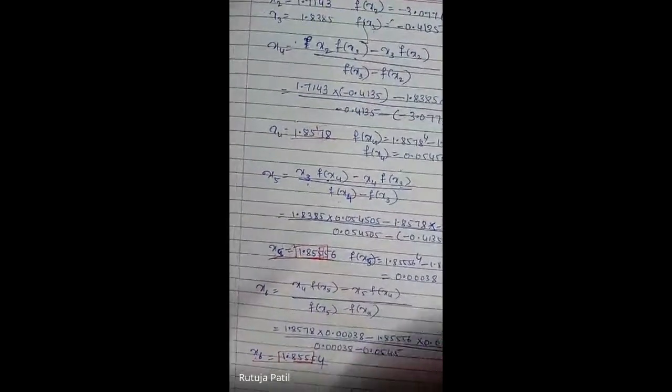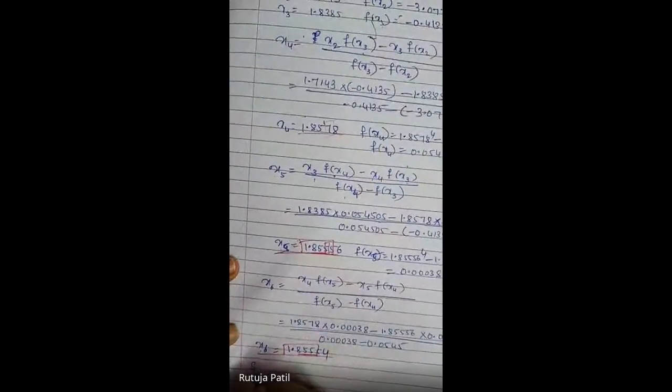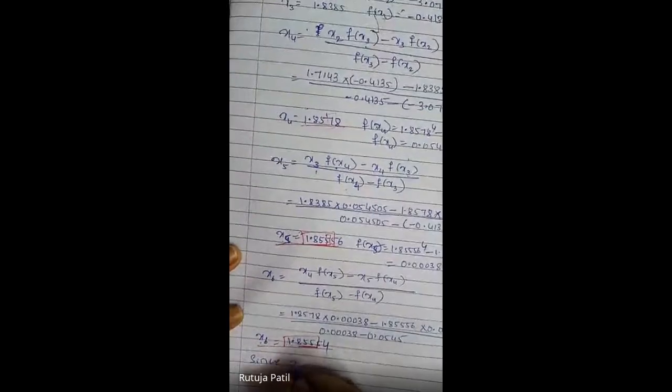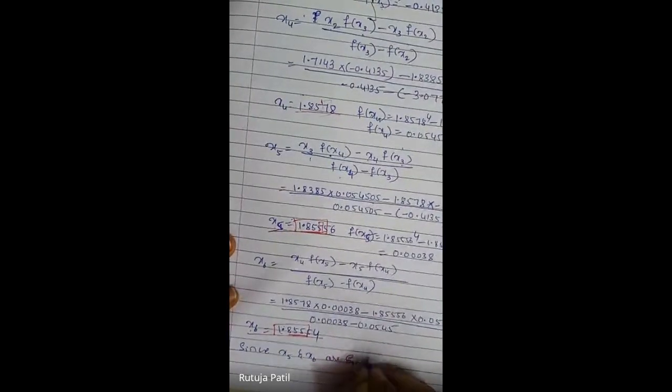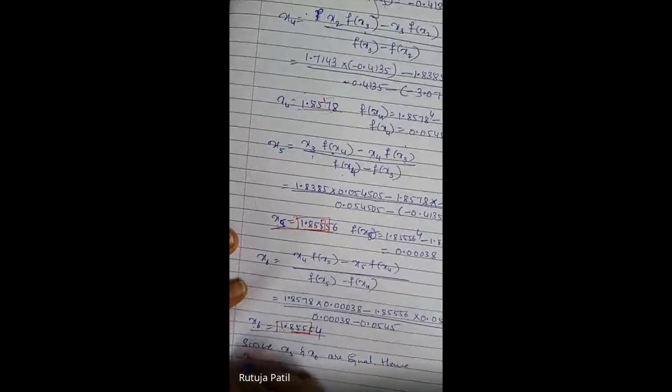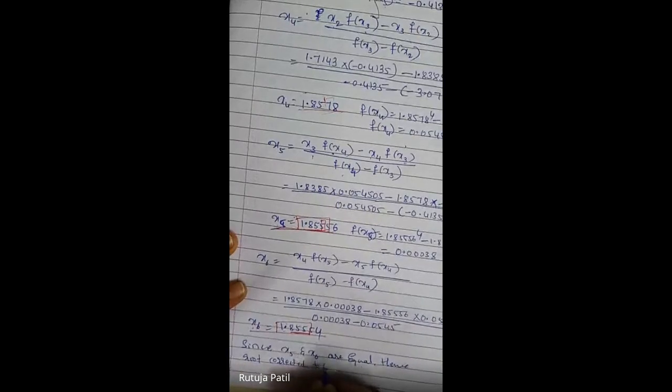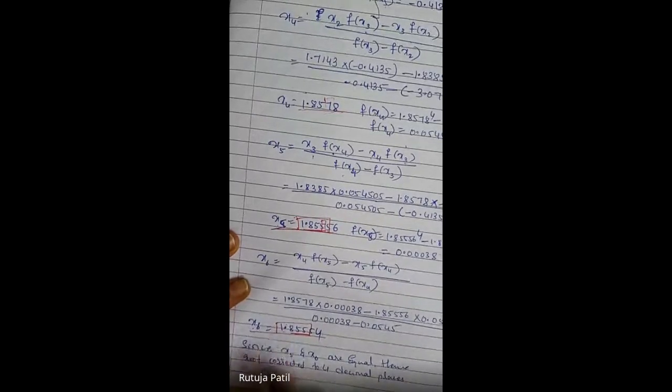Okay, so therefore what you can write here, since x5 and x6 are equal, hence the root corrected to four decimal places is this one, that is 1.8555.